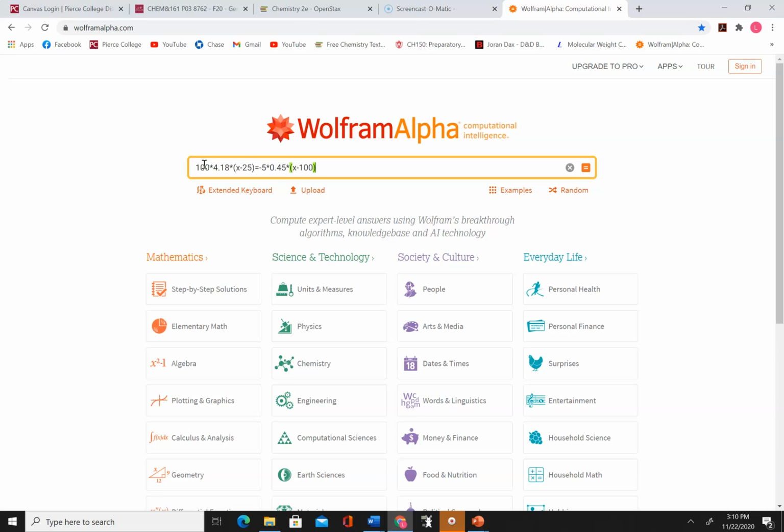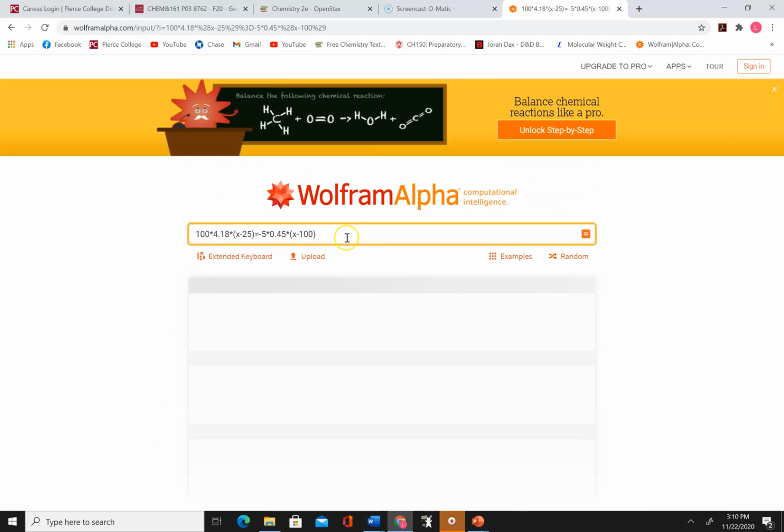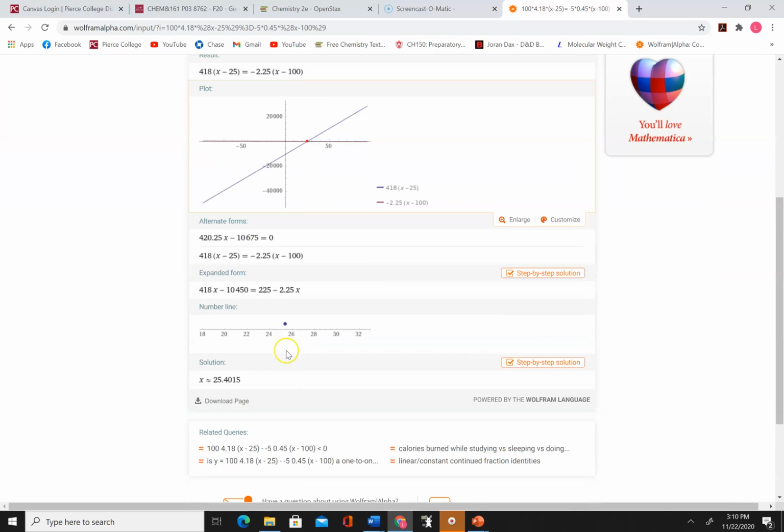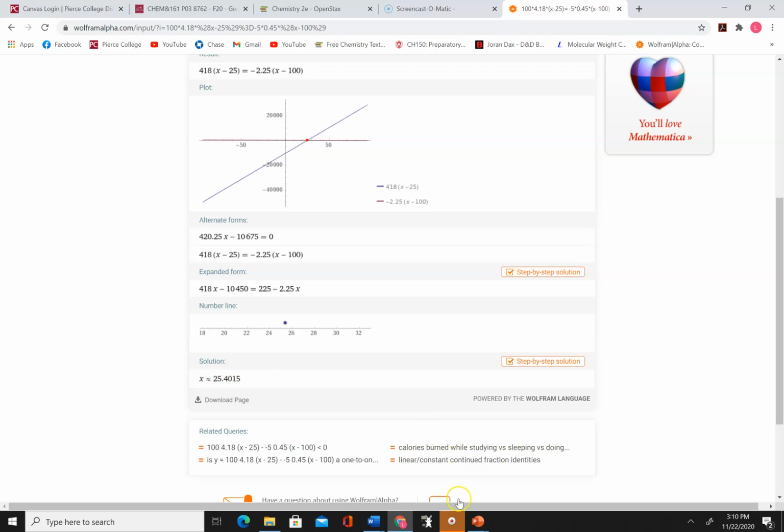And then close that. Now what do I know? I know that my X, my final temperature, is going to be a little less than 100 and a bit more than 25. So let's see what we got. Solve it. There it says X equals 25.4.